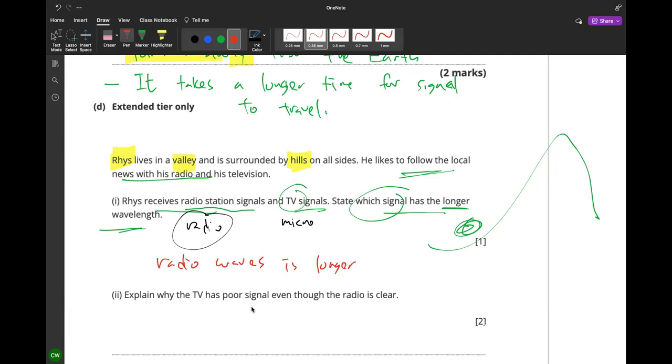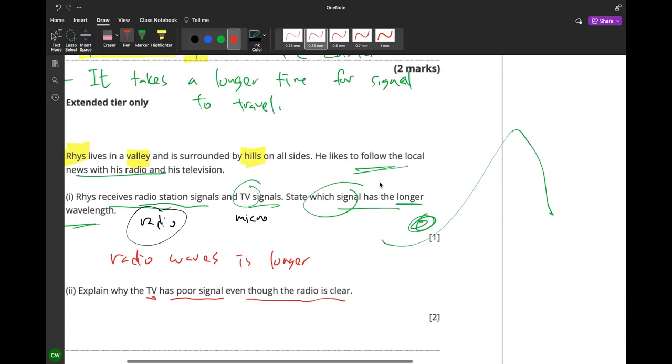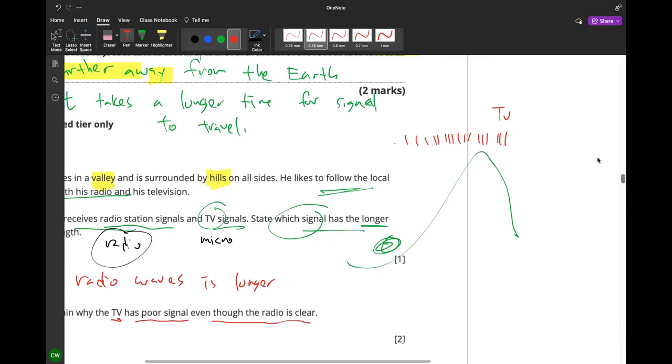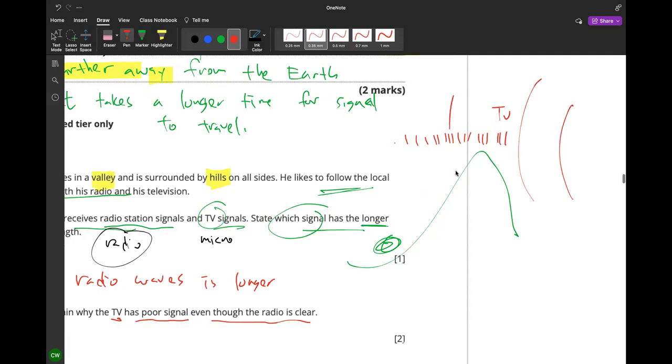Why does the TV have a poor signal, even though the radio is clear? TV signal has a shorter wavelength, then the radio is longer. So why? Which one deflects more?